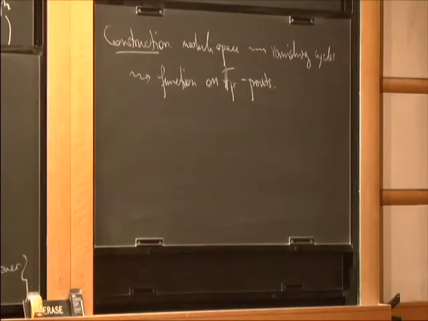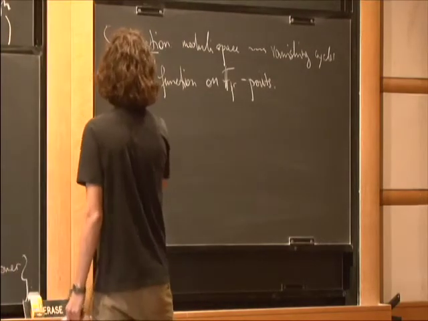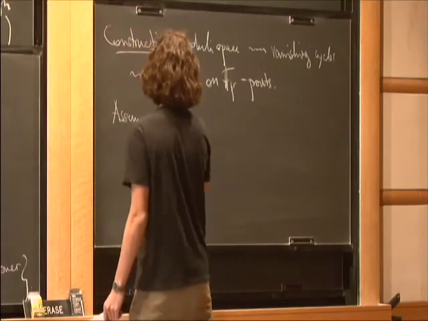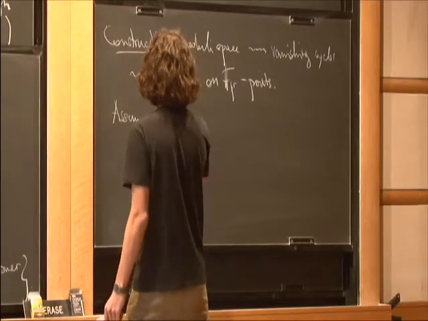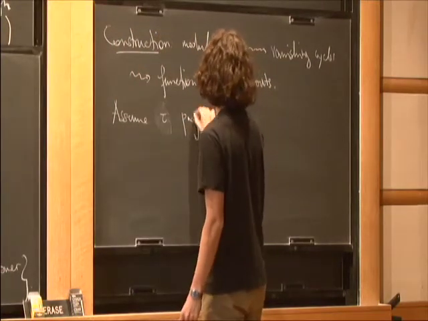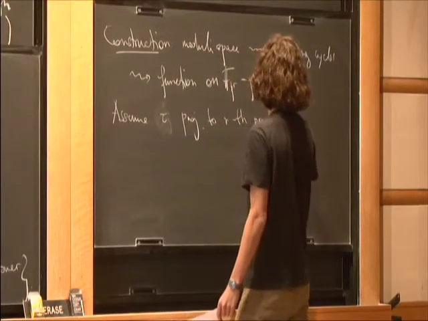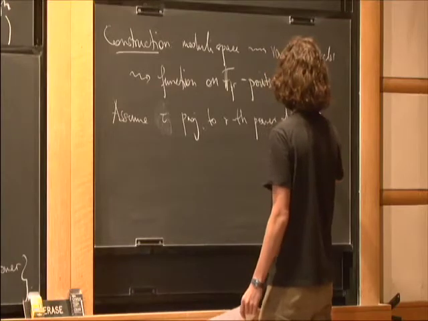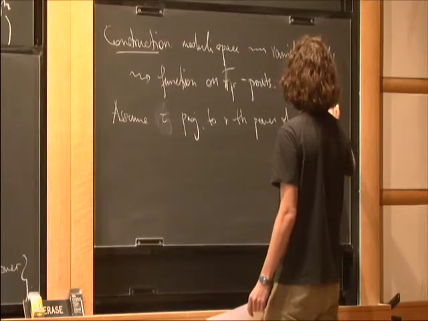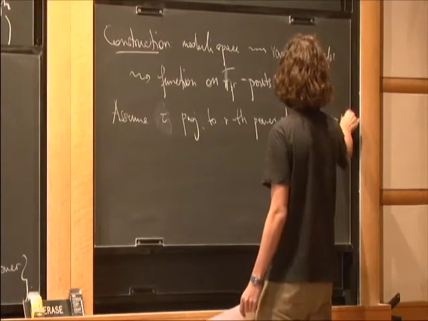So assume f_tau, this element tau of the Weil group, projects to the r-th power of geometric Frobenius. So r is some integer which is at least 1.